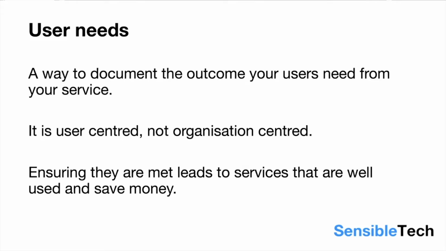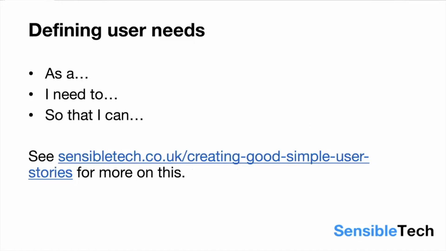Instead, we're writing stories about our users and what they want to achieve. Ensuring that user needs are met leads to services that end up being used by people because they like them and because they do what they want them to do. And that then leads us oftentimes to meeting the organizational objectives that we had as well, more often than not in local government, which means saving money.